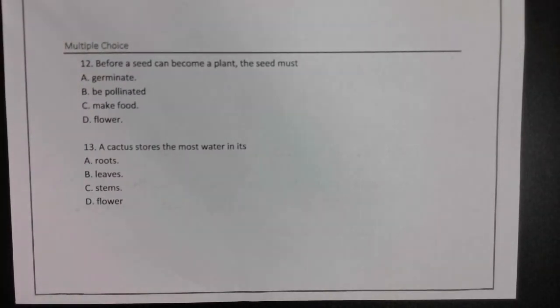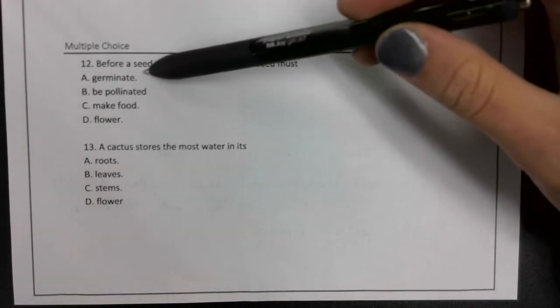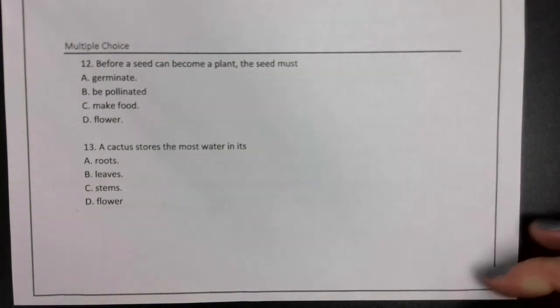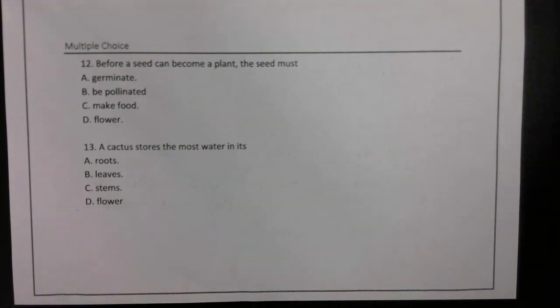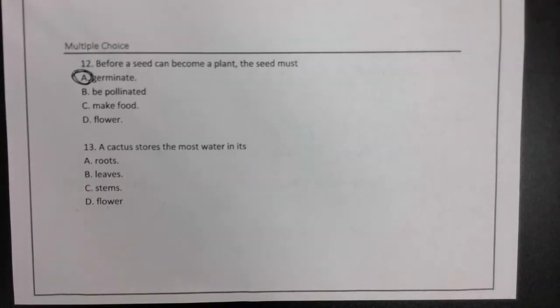Multiple choice. Before a seed can become a plant, a seed must germinate, be pollinated, make food, or flower. Before a seed can become a plant, what does it have to do? Well, to become a plant, it's got to germinate, right? It's got to germinate first. It's got to start to grow.